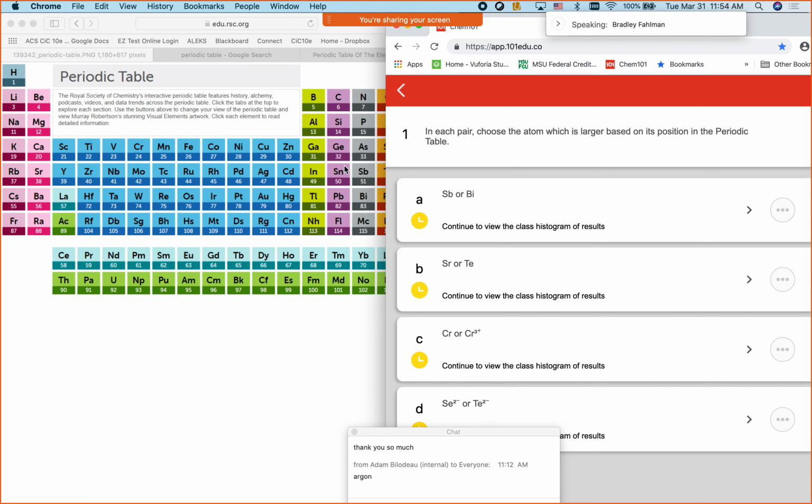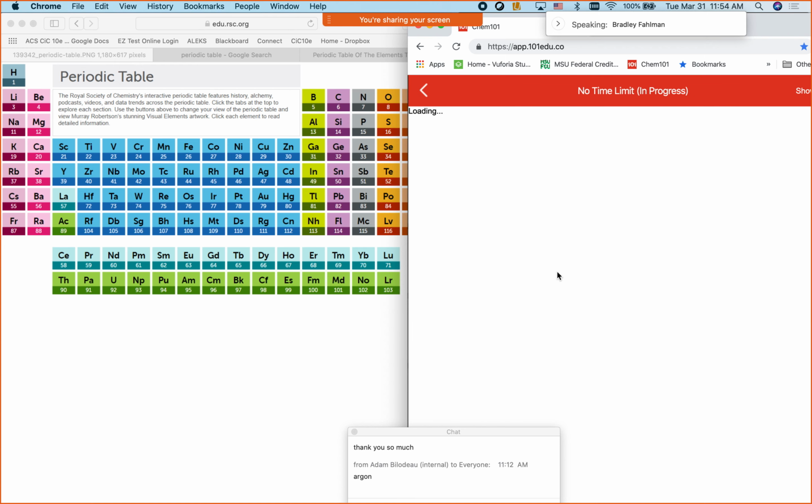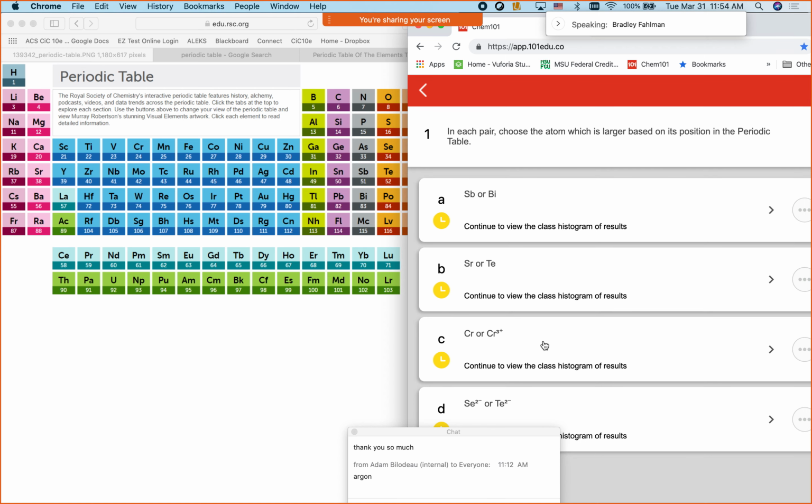Strontium or tellurium. Strontium is here, and tellurium is way over here, so tellurium will be smaller because you're going left to right. Yep, strontium's bigger. Then chromium versus chromium-3.